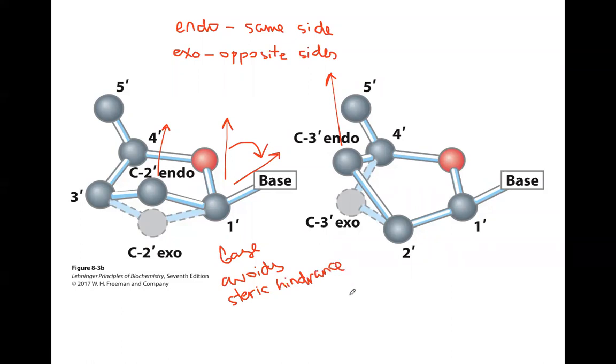And the same thing happens here. So as this goes up, instead of looking straight up, the base is starting to point away from the ring and will avoid the steric hindrance as well.